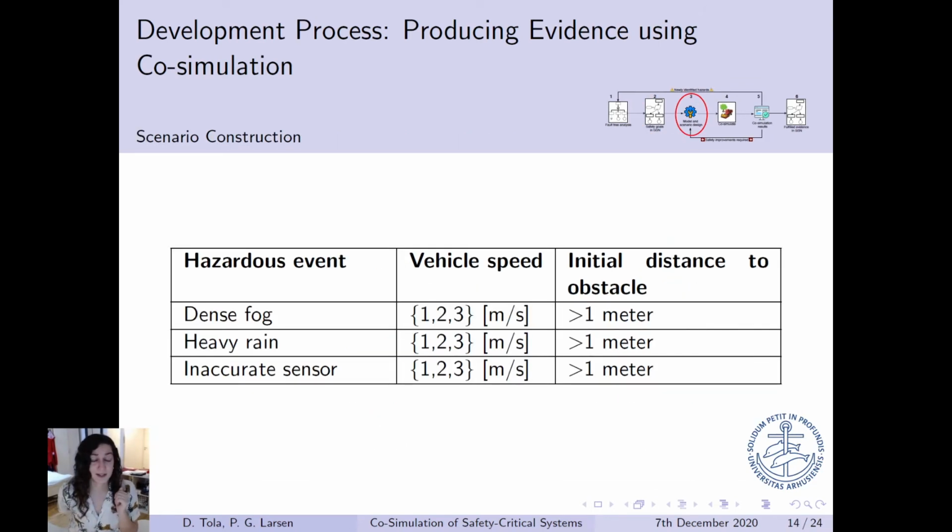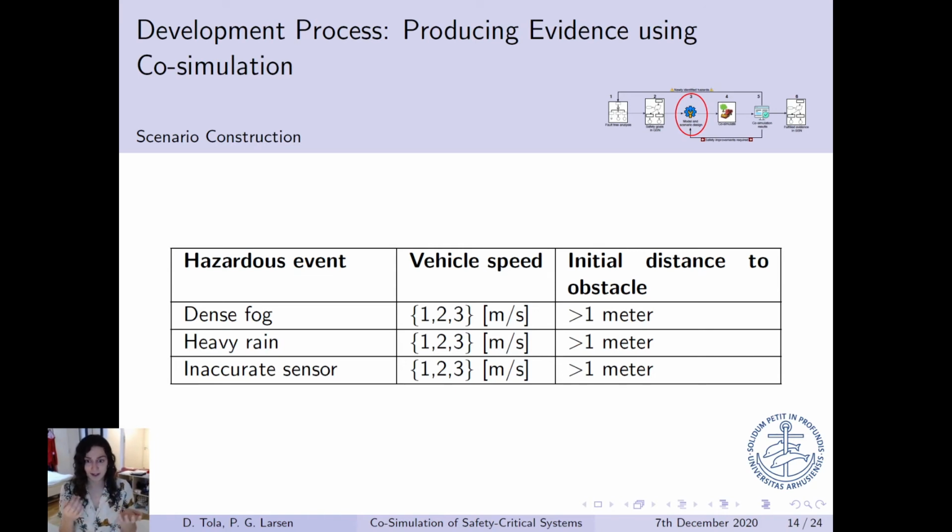So the next step is to design the models and scenarios that should be used in a co-simulation. Here we focus on 3 root causes of the hazard, which are these 3 hazardous events: dense fog, heavy rain, inaccurate sensor measurements. And we define, for example, the vehicle speed and the initial distance to obstacle where we test these events.